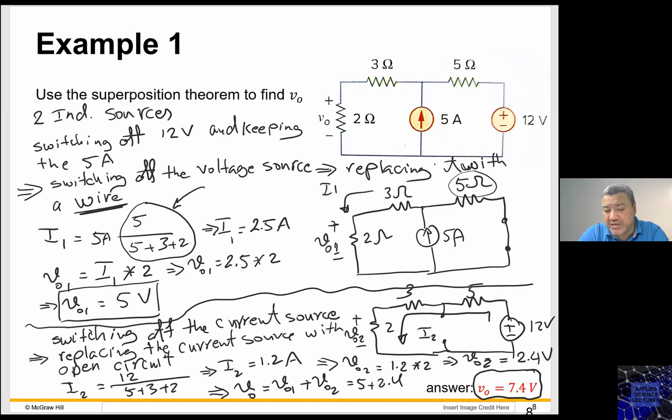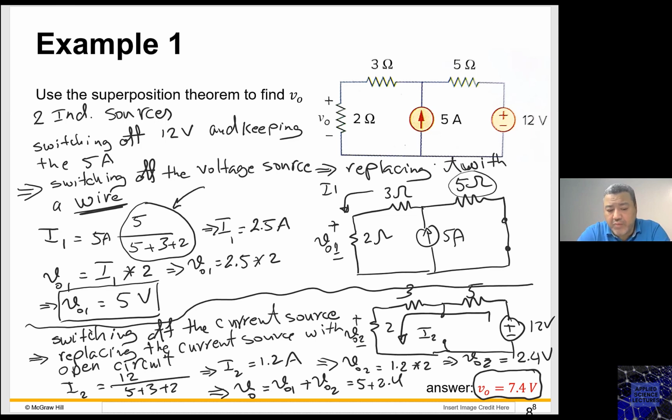That current source is gone. Now it's an open circuit. There is no current going into that open circuit, so all the current now is going to go through that loop. In this case, the resistors 5, 3, and 2 are in series, and they share the same current.